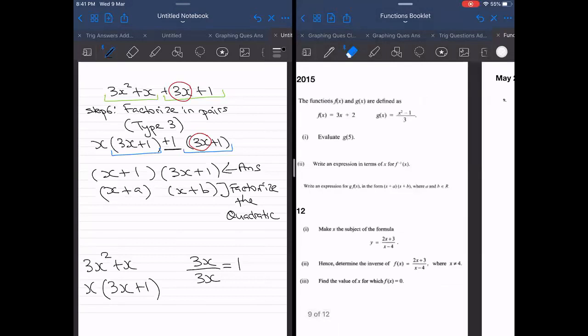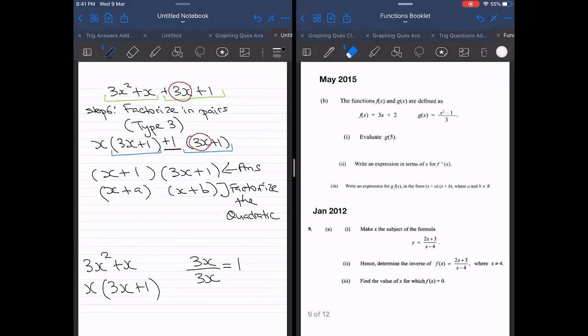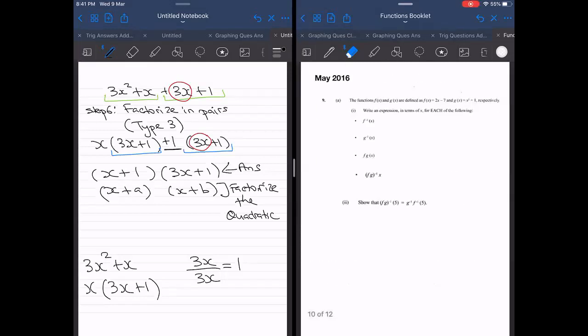Okay, so I just want to do one more question and then we'll call it. January 2012 is also a bit difficult, but I'm leaning towards 2016, just because there's some more general stuff coming out of it. So guys, go ahead and finish writing.